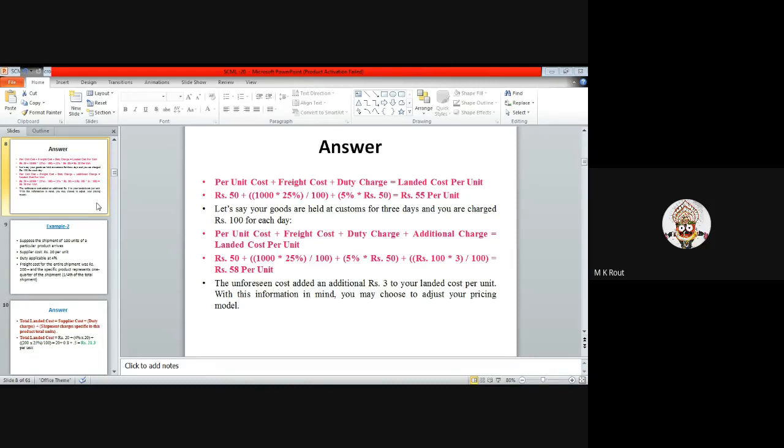I repeat, the per unit cost is 20 rupees, plus the freight cost 200 into one fourth, that is 25% divided by 100, plus 4% duty charge into the per unit cost of 20 rupees. How much?